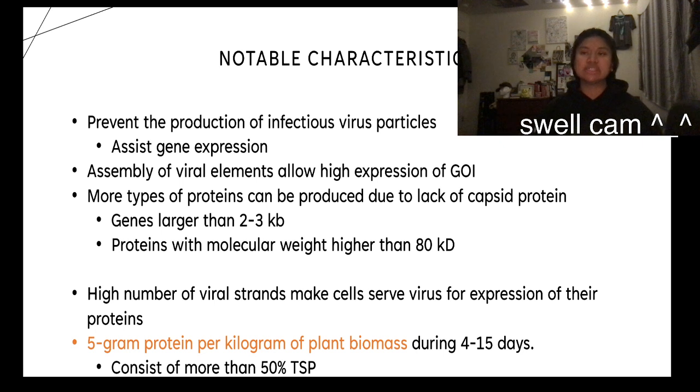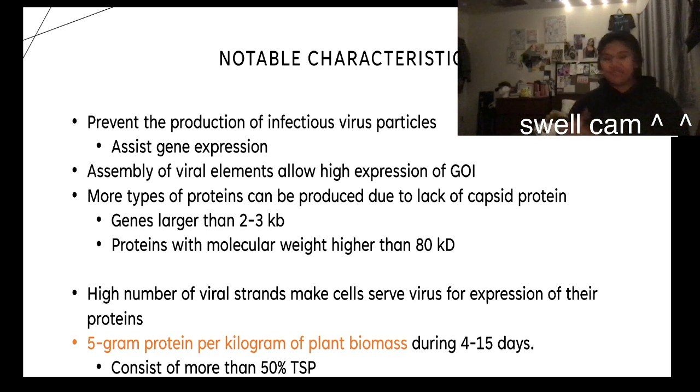Some notable characteristics regarding the second generation are that it prevents the production of infectious viral particles, which is solid. So your host isn't recognizing it as an infectious viral disease and causing an immune response. And in the second generation, it assists gene expression.